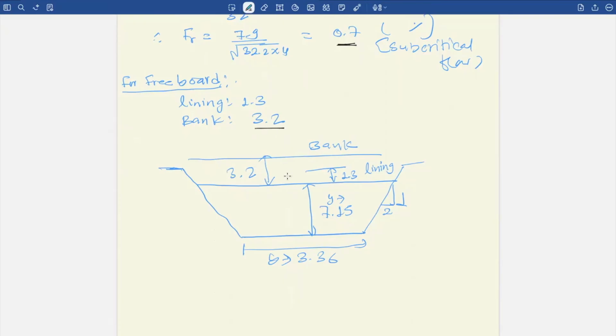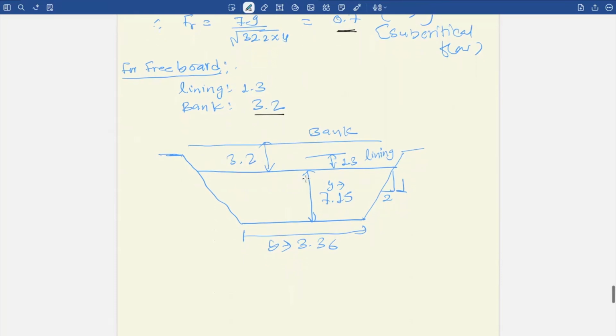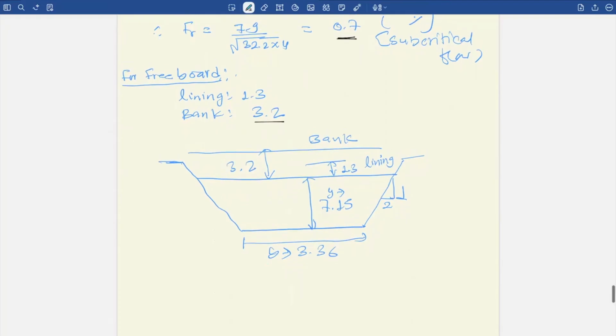This is the total height of the earthen bank above the water surface, which is higher because the bank itself must contain the lining plus extra safety. So our total channel depth from the bottom will be y plus bank freeboard, that is 7.15 plus 3.2, so it will be 10.35 feet.